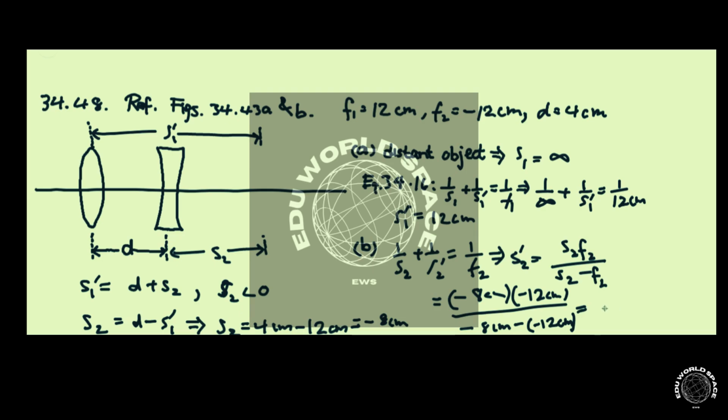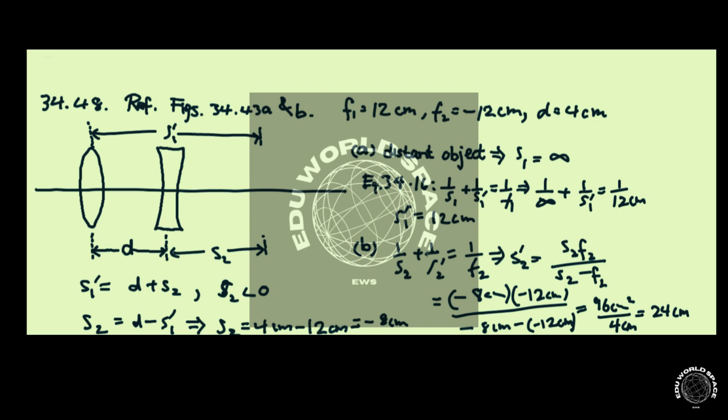And that is 96 centimeters squared divided by 4 centimeters, which is 24 centimeters.